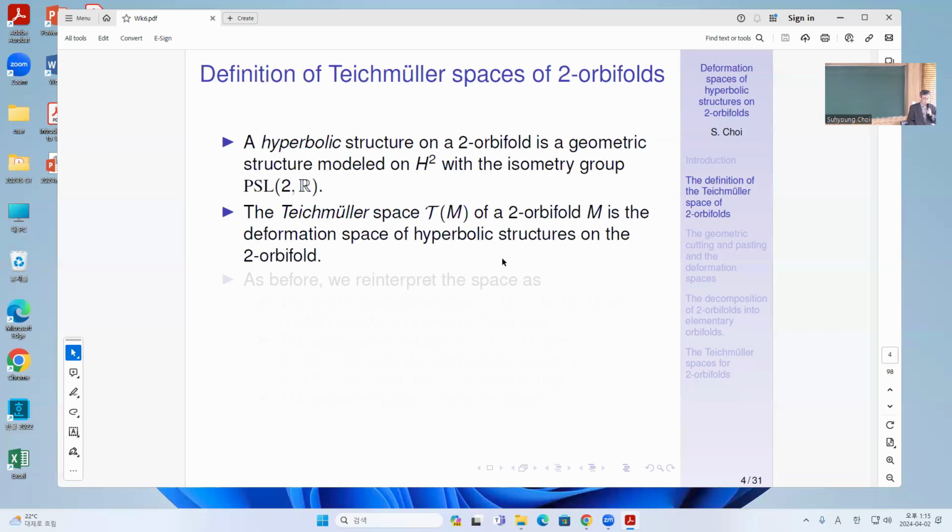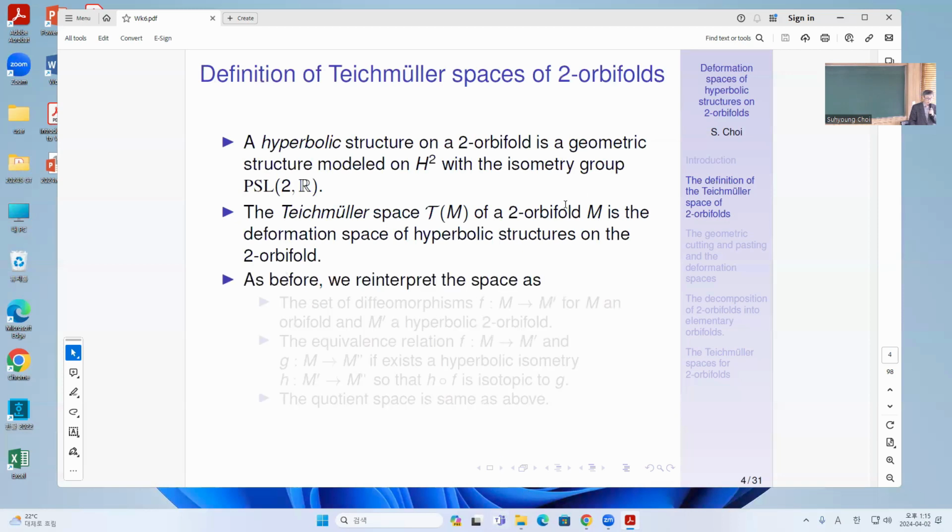Okay, so it's the same. So more likely we should say it's a Fricke space, because Teichmüller means more like a conformal structure. So by the uniformization theorem, it is actually the same, but we don't really want that. So it's by the Koebe uniformization theorem.